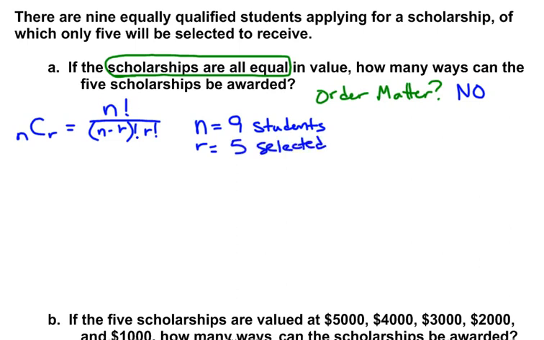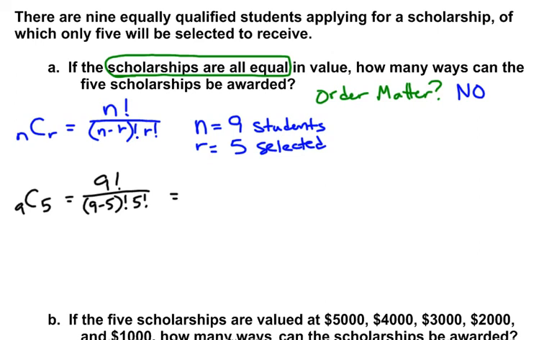Okay, so we'll go ahead and apply those values to the formula, and when we work that out, we have this: 9 combination 5, or excuse me, selecting 5 from 9 of combinations. That's going to be 9 factorial divided by 9 minus 5 factorial times 5 factorial.